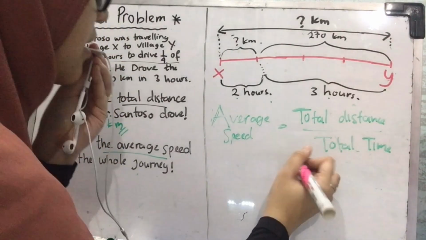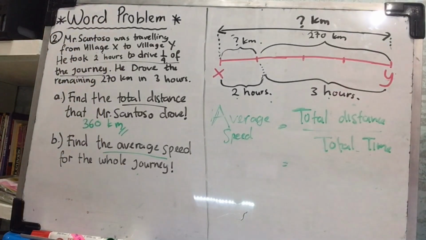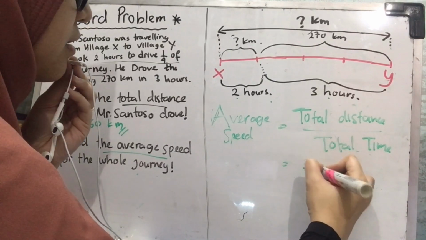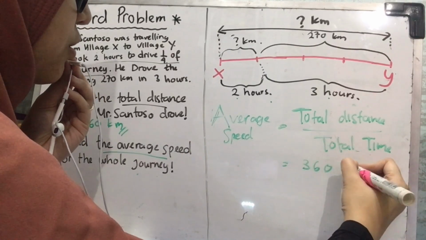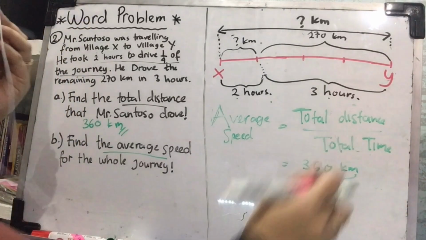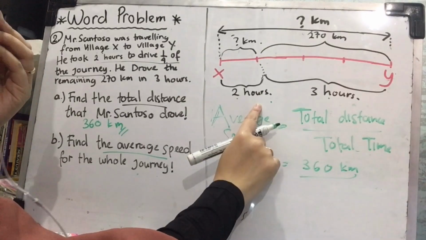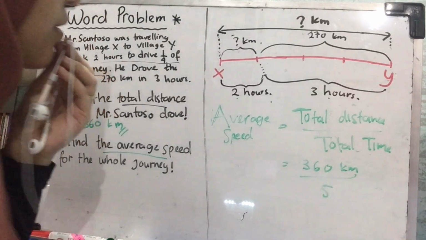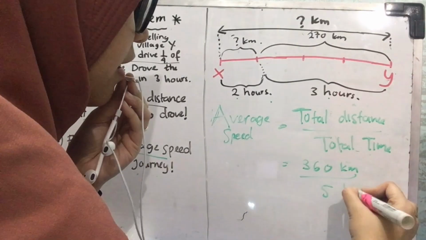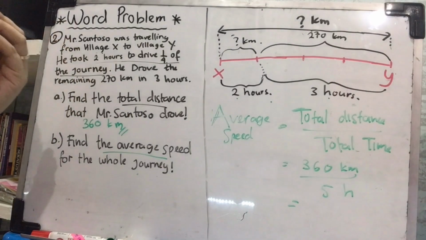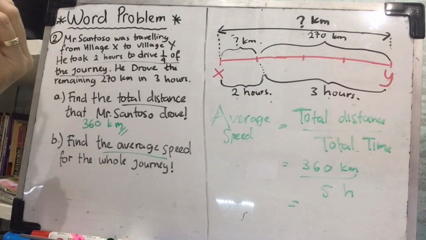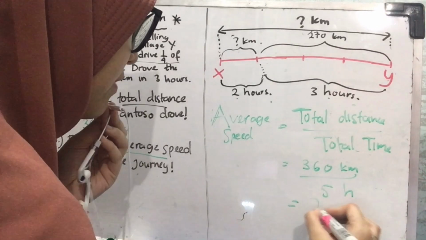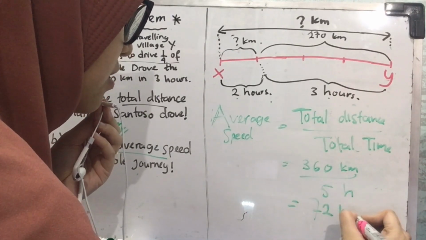Okay, we know that the total distance traveled is 360 kilometers, and the total time taken is 2 hours plus 3 hours, which is 5 hours. 360 kilometers divided by 5 hours is 72 kilometers per hour.